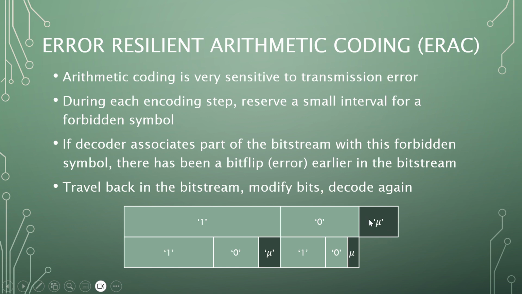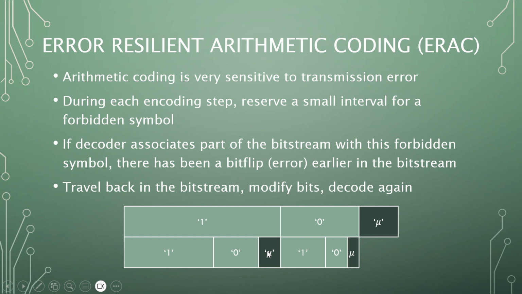If we introduce a forbidden symbol during each encoding step, then if there is a bit flip at some point in the channel, there's a likelihood that the bit flip will change the probability such that it lands in one of these forbidden symbol areas.